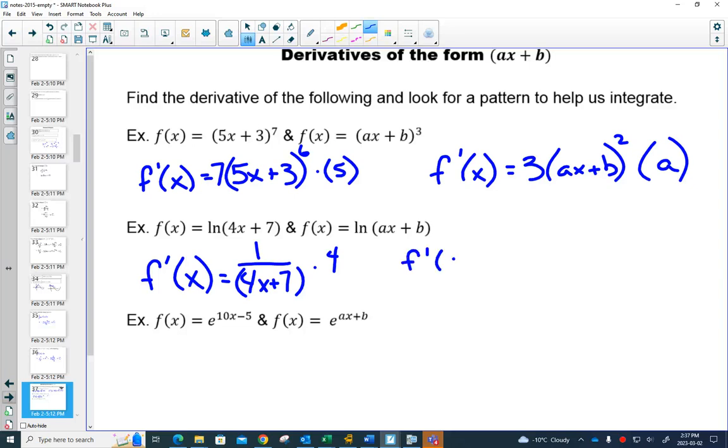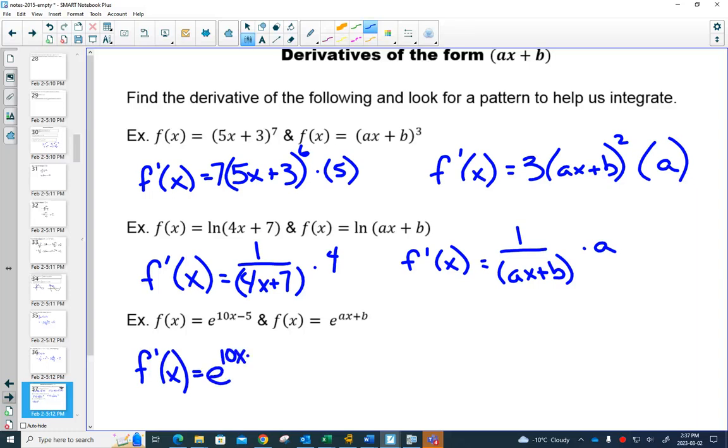So if we had any line inside, we would keep the inside the same, multiplied by the derivative of the inside. And same thing with e to the x. If I had e to the x, its derivative would be the derivative of the outside, which is the e to the x function that keeps everything the same, multiplied by the derivative of the inside function.